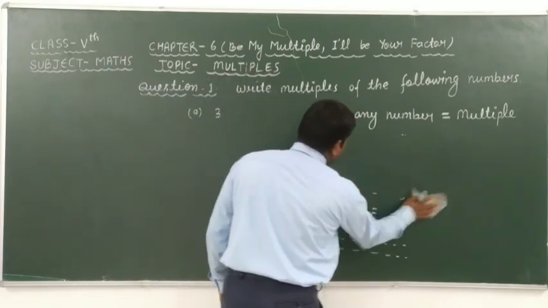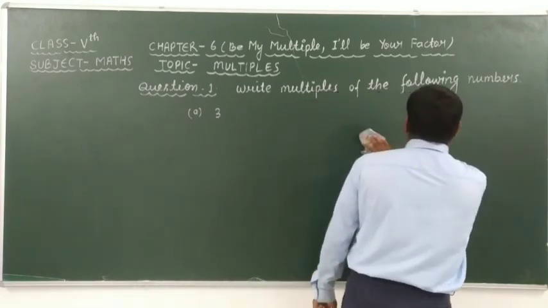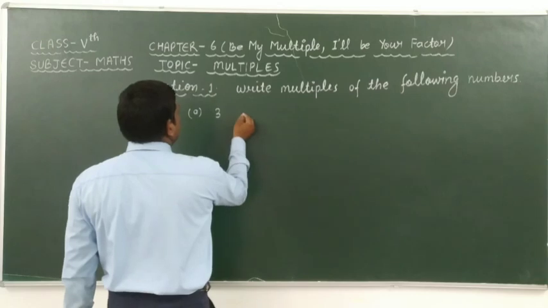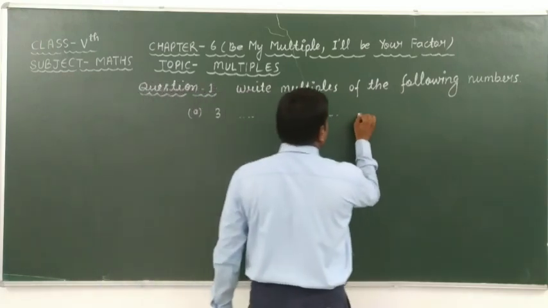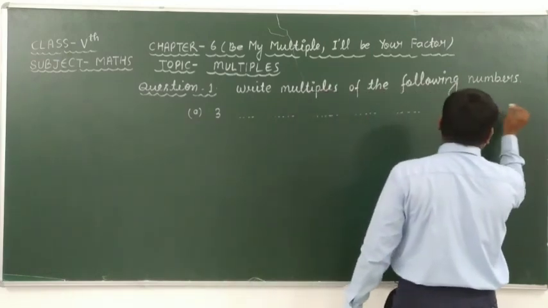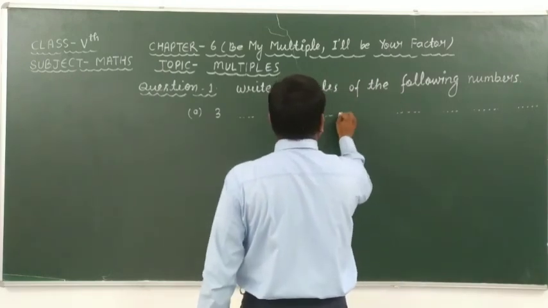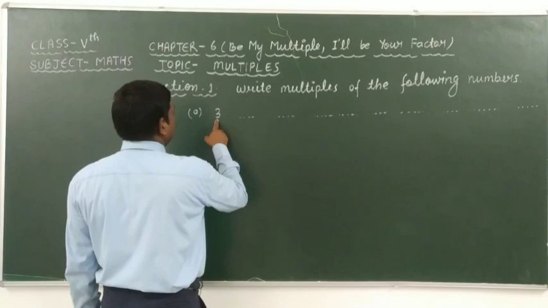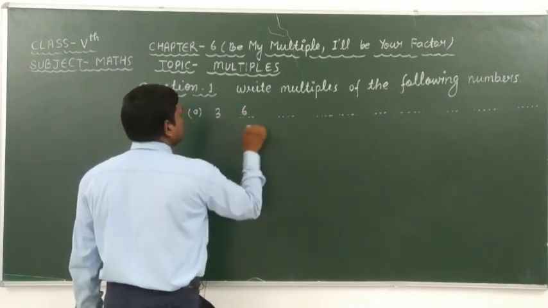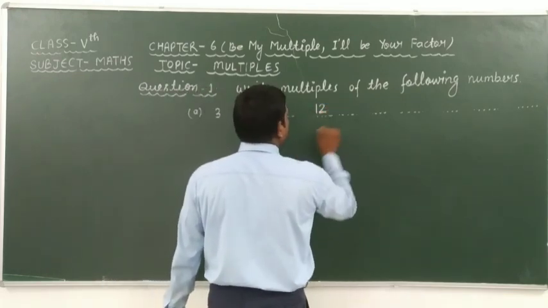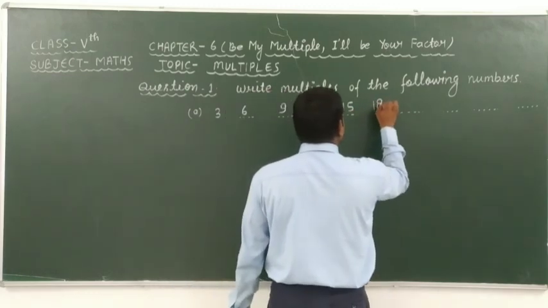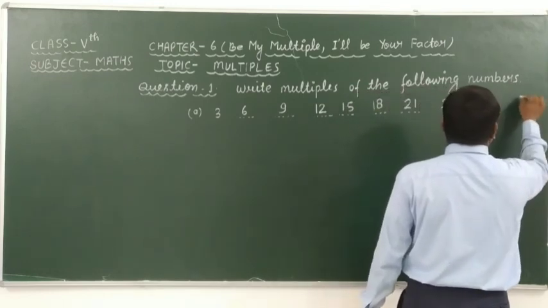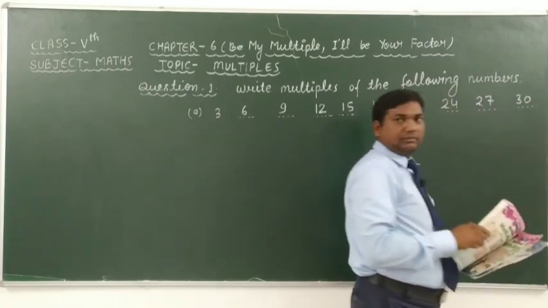Look at here carefully. 3 1s are 3, 3 2s are 6, 3 3s are 9, 3 4s are 12, 3 5s are 15, 3 6s are 18, 3 7s are 21, 3 8s are 24, 3 9s are 27 and 3 10s are 30. Understand?